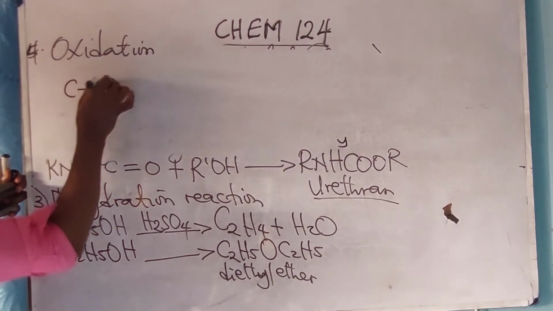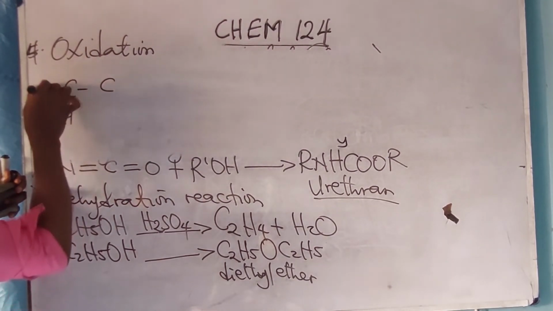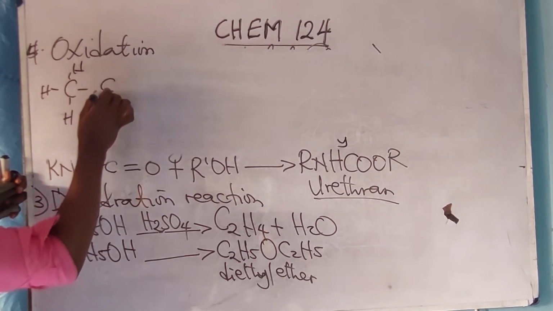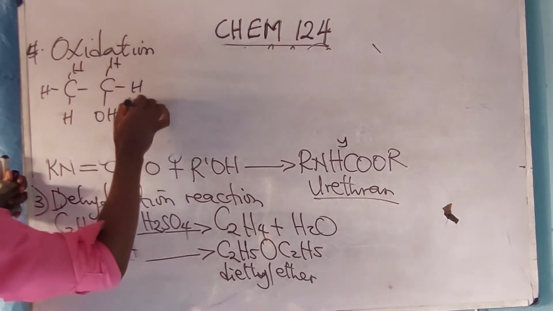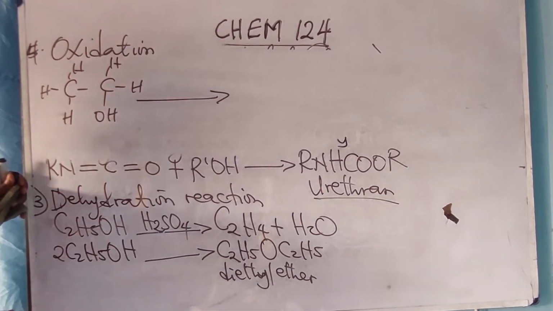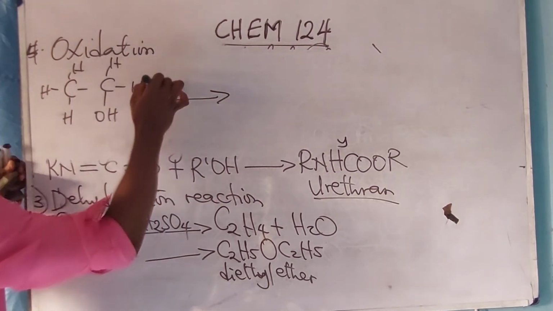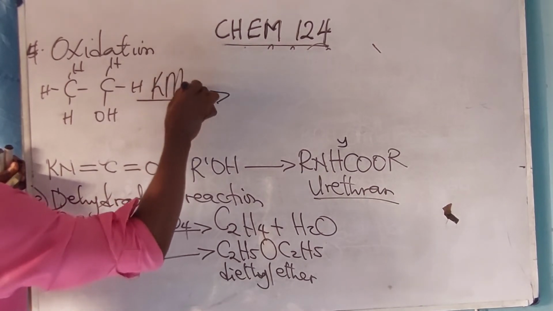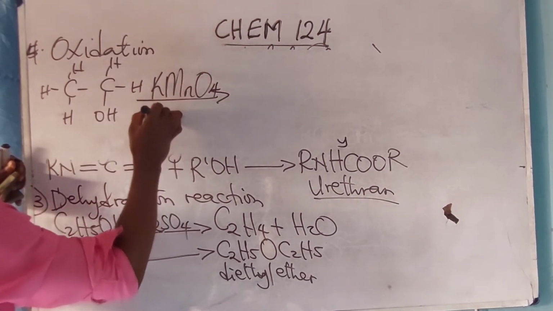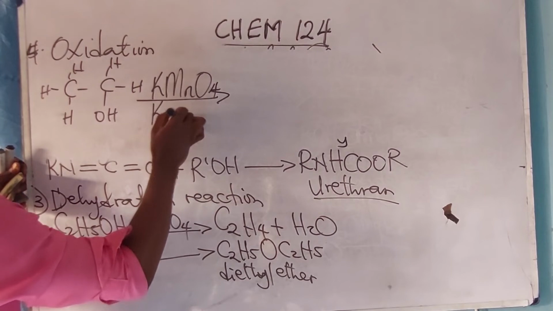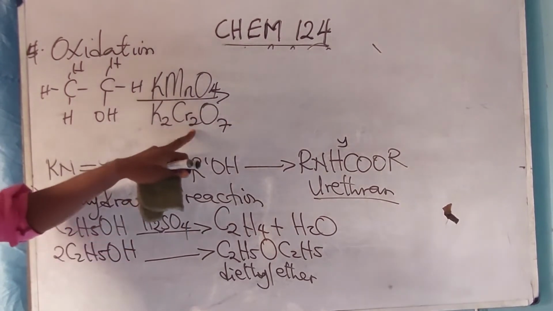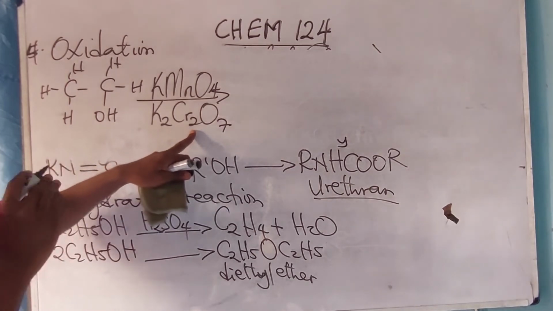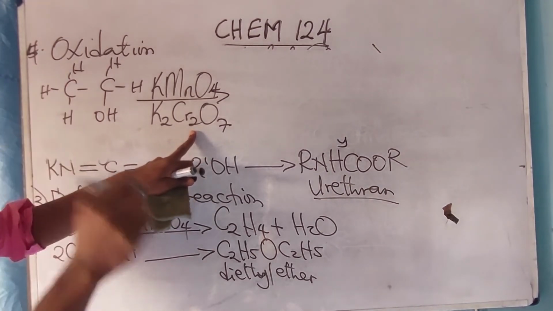I have H, C, OH, H. During this reaction, potassium permanganate and potassium heptaoxodichromate(VI) are used as the oxidizing agents.